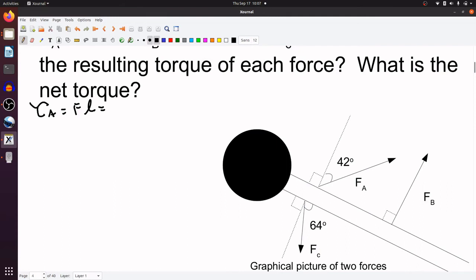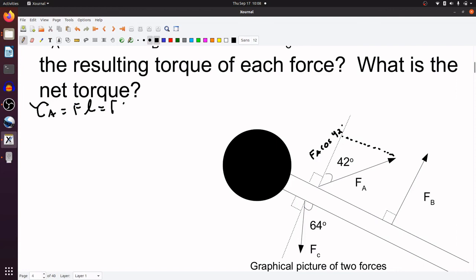So what we're going to have to do, going down here, is find the force that's perpendicular to the lever arm. Basically we have a miniature triangle right here where FA is now my hypotenuse, and we need to find this side, which is adjacent to my angle. So it's going to be FA cosine of 42. So I use that force instead.